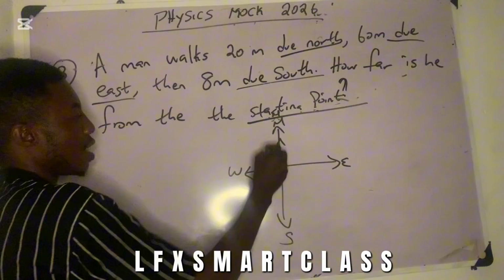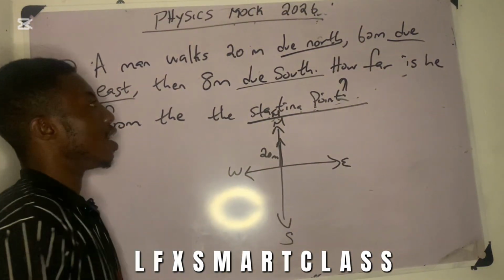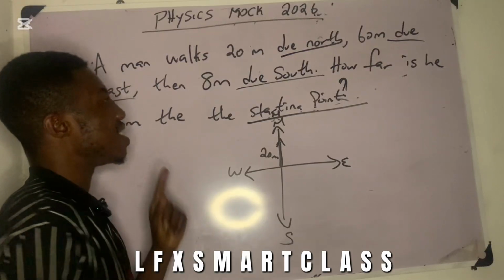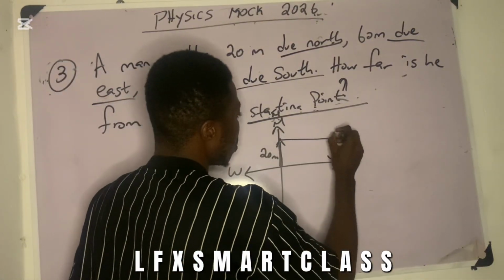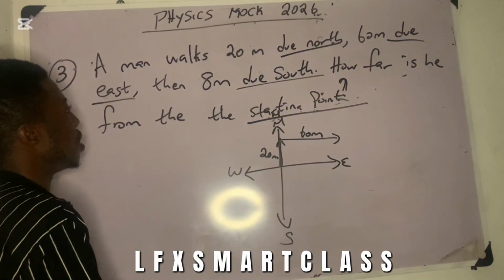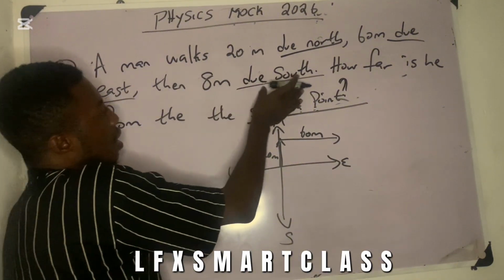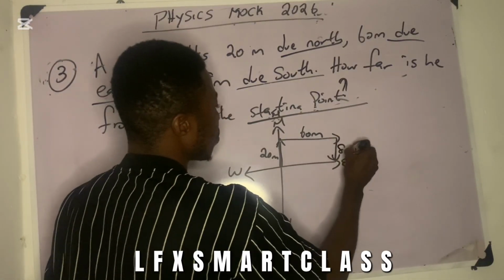Now note that the man walked 20 meters due north, so that means he walked towards this side. That is 20 meters. Then after that, he walked 60 meters due east. Then after walking 60 meters due east, he walked 8 meters due south.